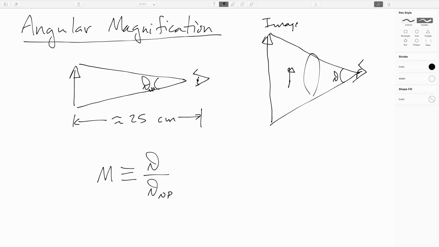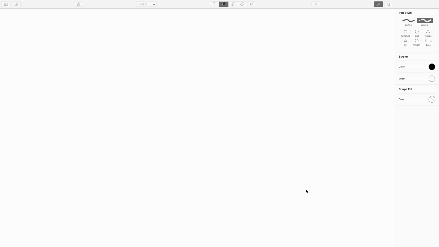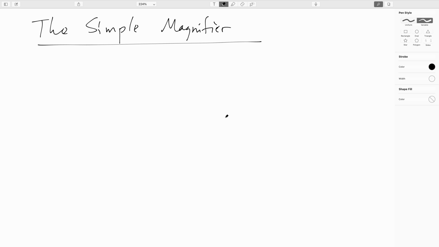So with that, let's talk about the simple magnifier. This is literally Sherlock Holmes's magnifying glass. So the idea here is we have some converging lens like so, and I'm going to mark the focal points.